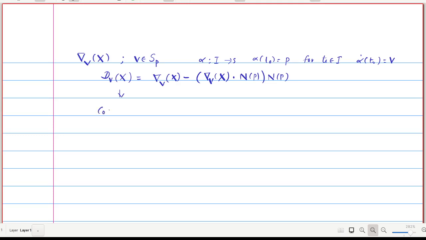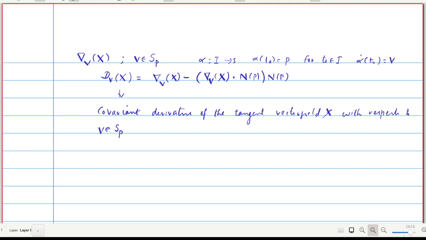The covariant derivative of the tangent vector field x with respect to the vector v belonging to Sp is in the tangent space of S at p.